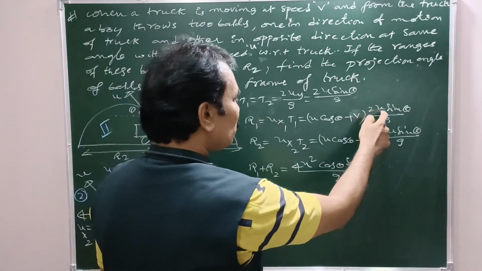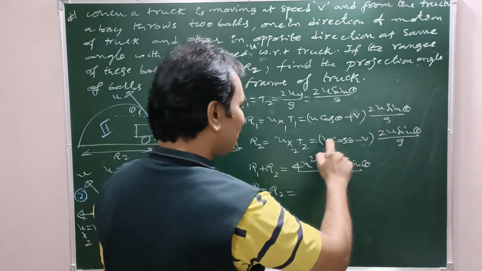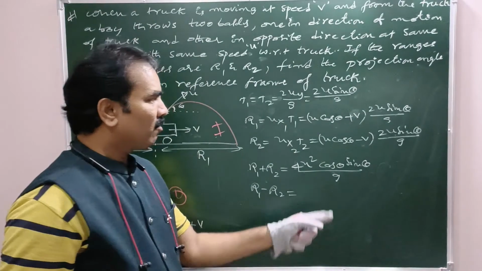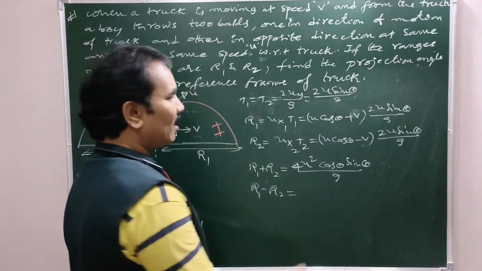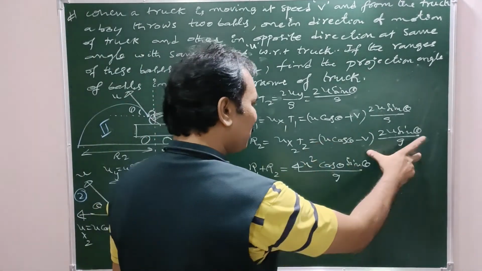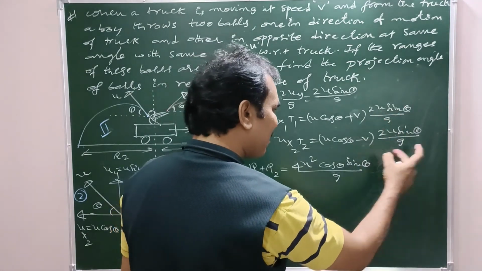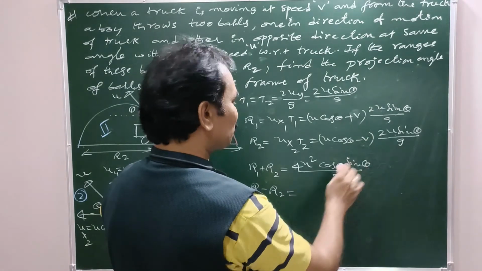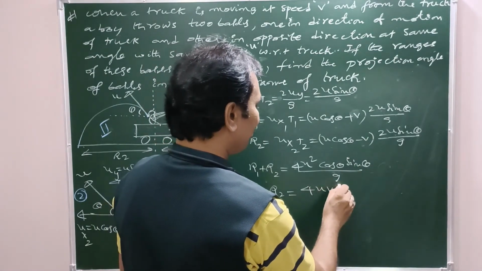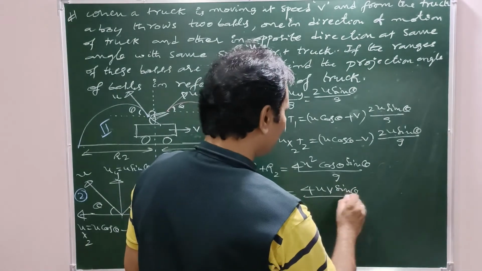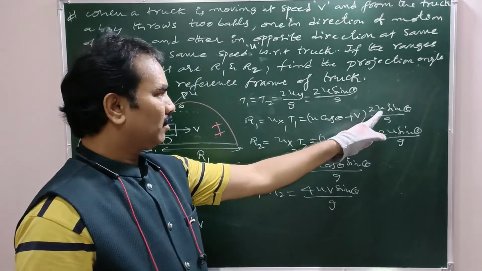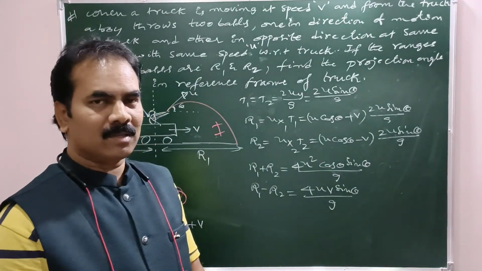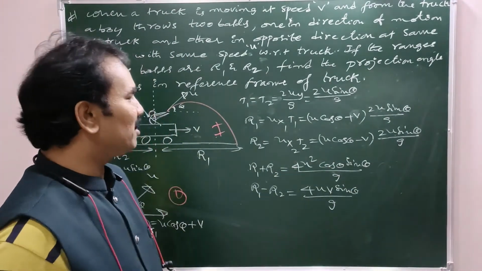That is 2u square cos theta sin theta by g minus 2u square cos theta sin theta by g. First terms cancel out and we are left with the second terms. This one minus of this one means this second term is also positive. That is 2uv sin theta by g plus 2uv sin theta by g, the same term twice, that is 4uv sin theta by g.